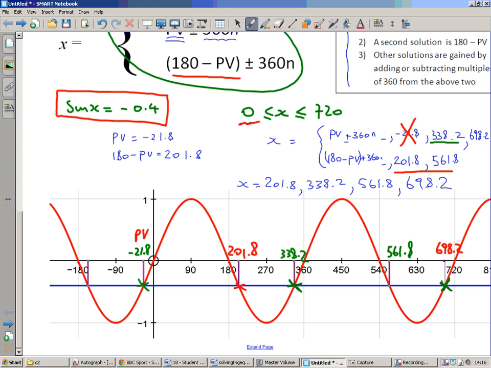Okay, so we've got all those solutions from using our formulae. Okay, let's stop it there.